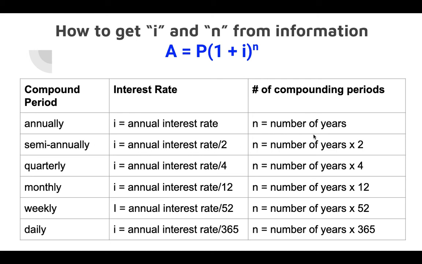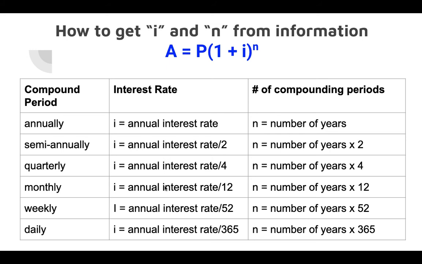On the other side, because it's semi-annually, you're going to have 2 compounding periods for every year that you're investing. So to find your compounding periods, you have to take your number of years you're investing for or borrowing for times 2.